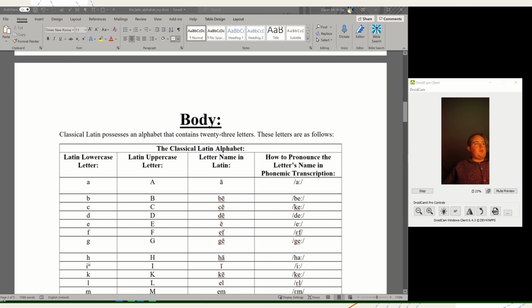C, and in classical Latin, C is always hard. However, I don't want to mix you up with Ecclesiastical Latin, but in Ecclesiastical Latin this can sometimes turn soft.